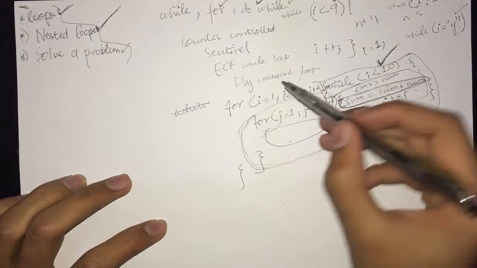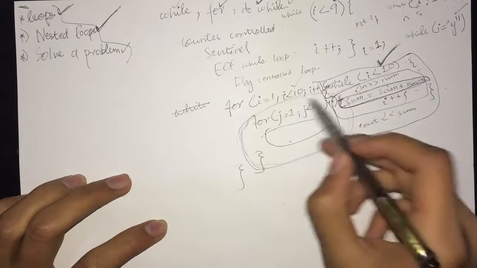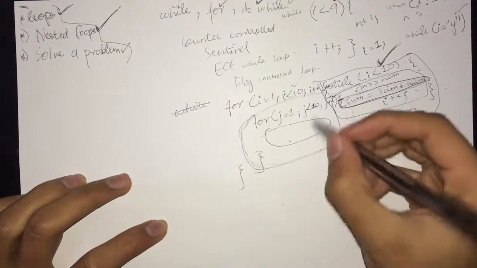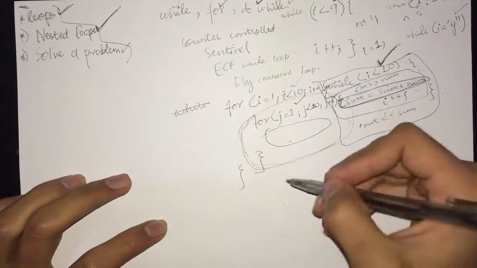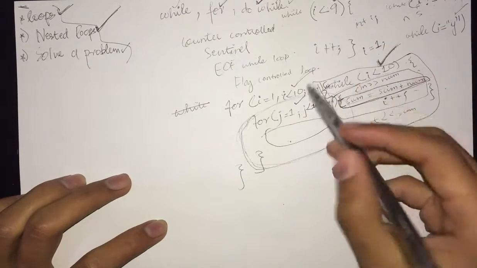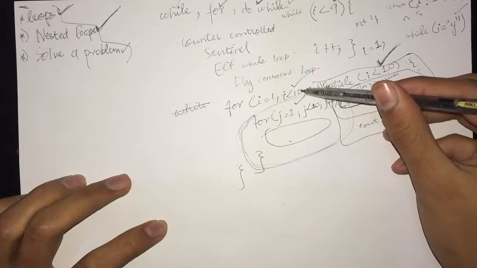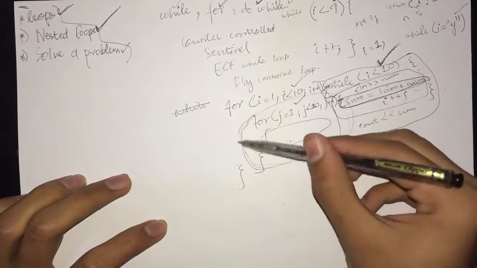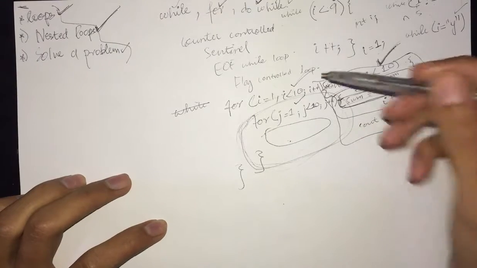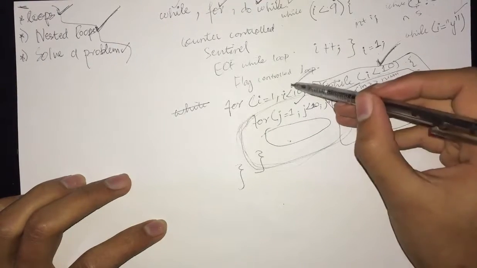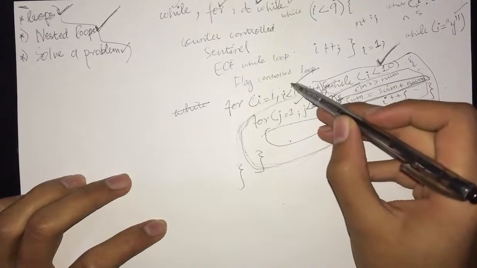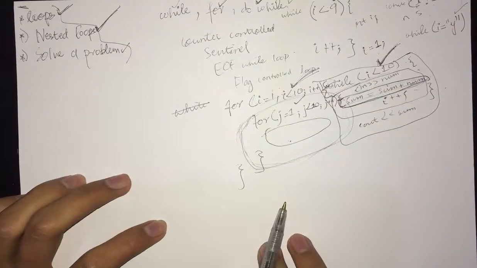When the inner condition becomes false, the control will be shifted to the outer loop. And when again this condition is true, the inner loop is going to complete all of its iterations, and then the control shifts to the outer loop until the outer loop's condition is false.